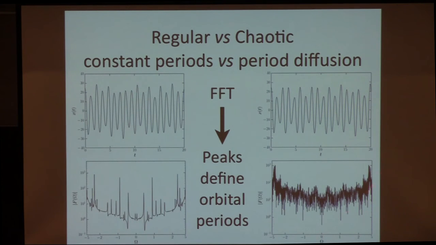Instead, you get a Fourier transform that looks something like this. And the reason is because the periods are changing, right? So this does not happen in simple potentials like spherical potentials. Your periods are conserved. In more complex potentials, in triaxial potentials, your periods can change, which means the orbit is changing. It's chaotically diffusing.